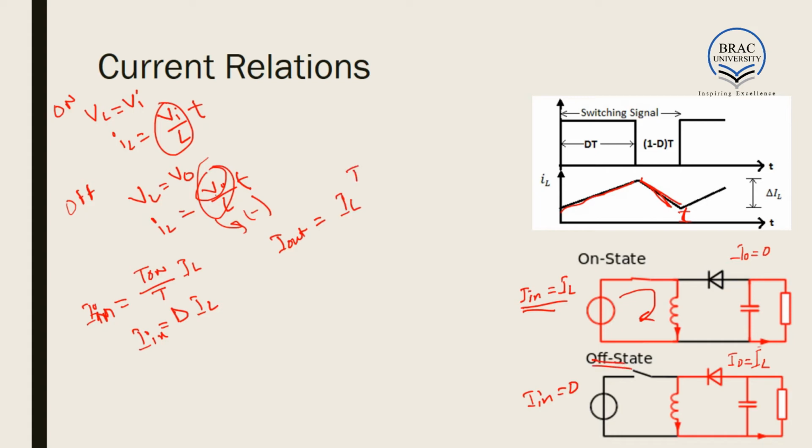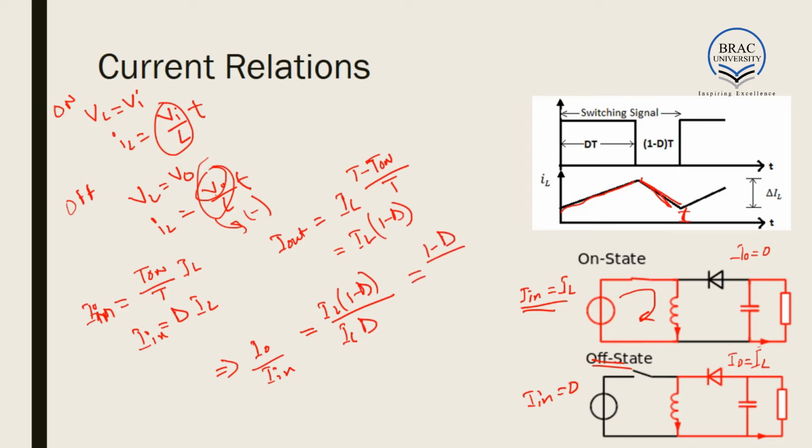So we can write T minus T on by T, that is IL into 1 minus D. So from this we get I output by I input is equal to IL into 1 minus D divided by IL into D, from where we get 1 minus D divided by D. So I output is equal to 1 minus D by D into I input.